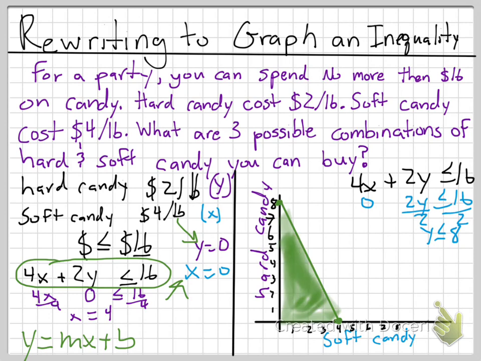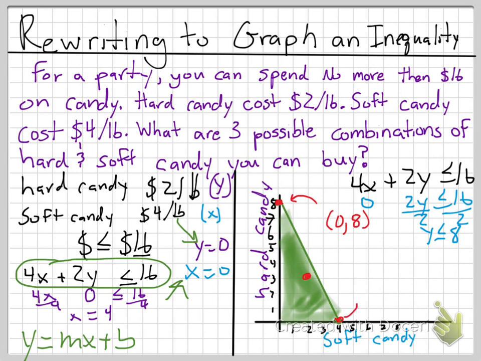It wants us to choose three possible combinations. Well, we just choose any 3 points inside. We can choose this one and this one, because they still fall inside, and then we'll choose this random point here. The top point would be x is 0, because that's how we found it, and then y is 8.